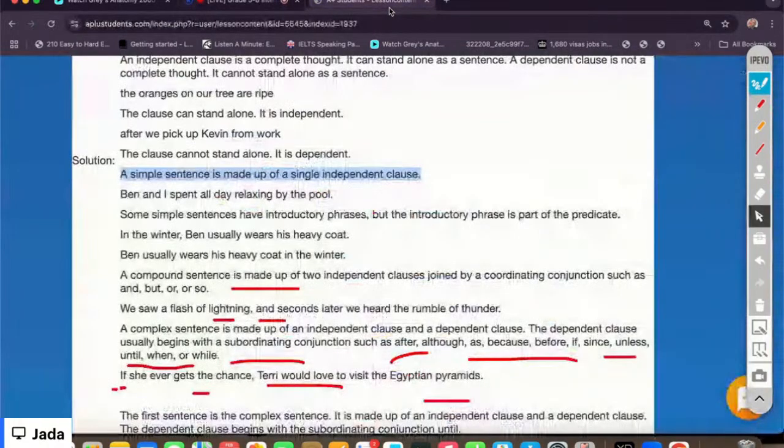Okay, so we have more examples. Since it was raining outside, we decided to play board games instead. So your second sentence is a complex sentence. That's correct. The dog chased the squirrel through the park, and that is a simple sentence.